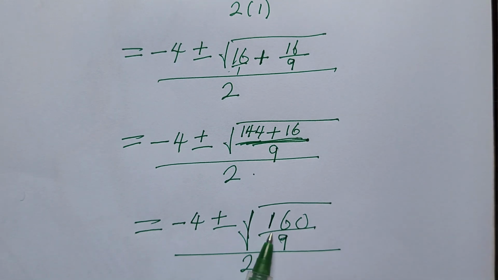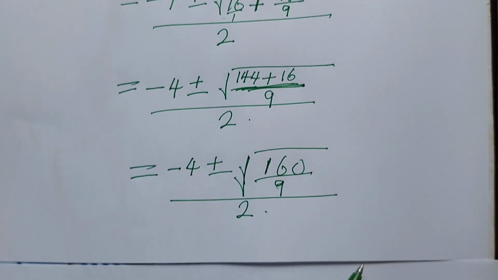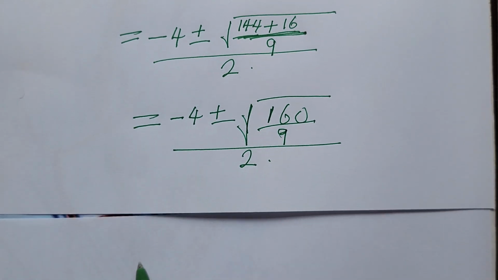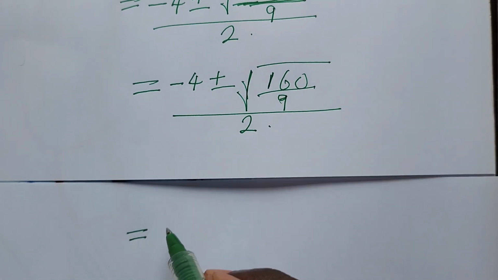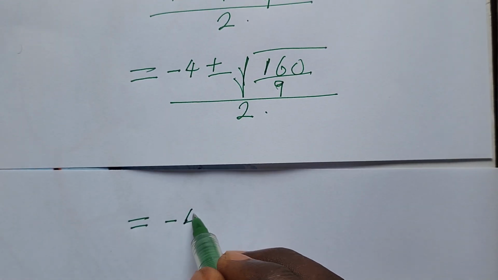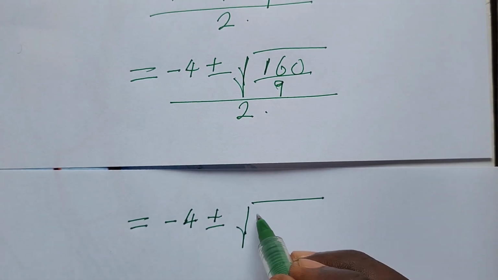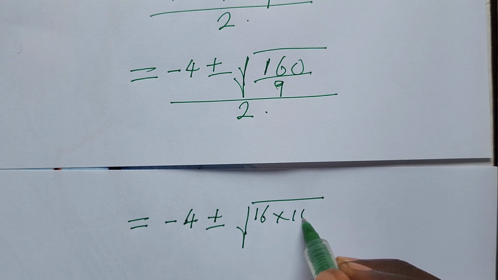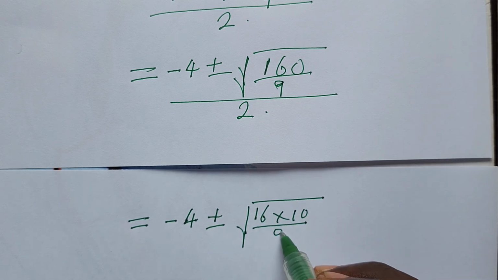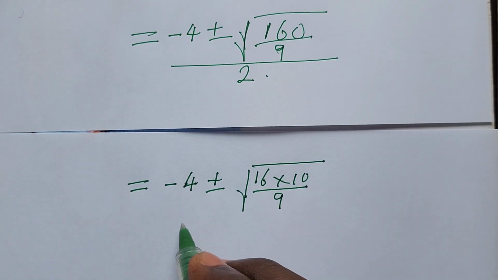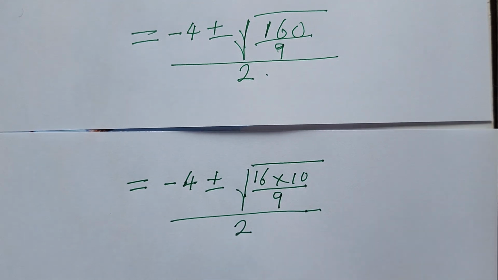Now, 160 is not a perfect square, but we can rewrite this to bring out the perfect square. So we have minus 4 plus or minus the square root of 16 times 10, all over 9, everything all over 2.